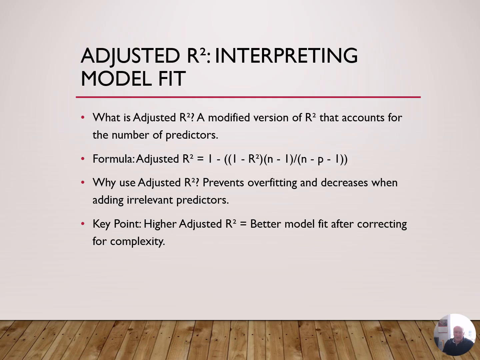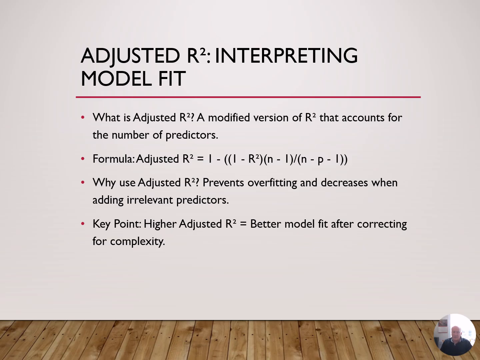The adjusted r squared value is a modified version of r squared, and it accounts for the number of predictors. The more predictors you add in, it's almost assuredly going to lead to a better model fit. But the question is, do these predictors really affect the outcome of the model, and how important are they?